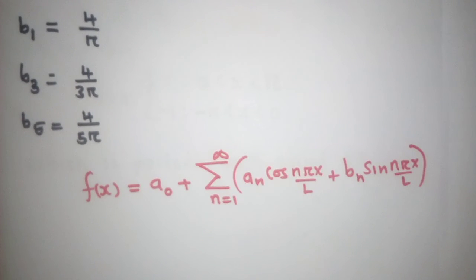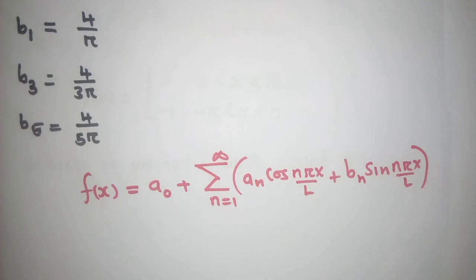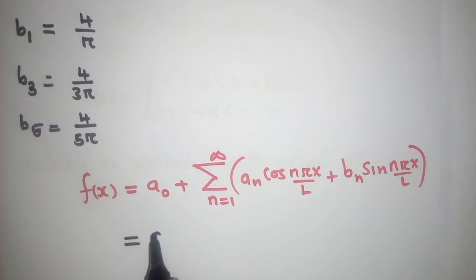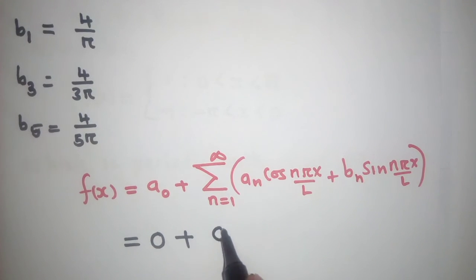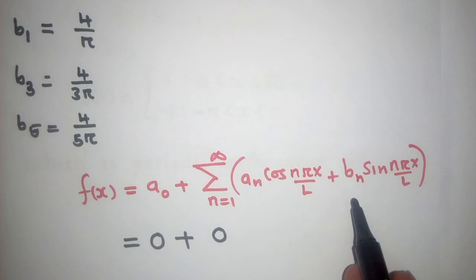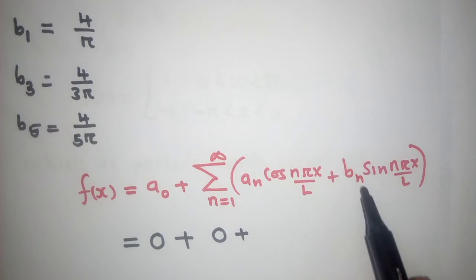Remember, we found our a naught to be equal to 0. So we'll write our 0 right here. You know that this is 0, plus this one, we also found it to be 0, plus now we have this one.